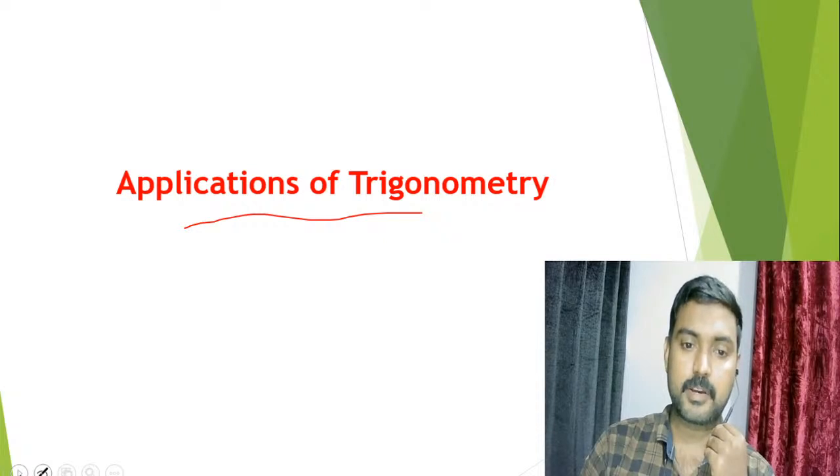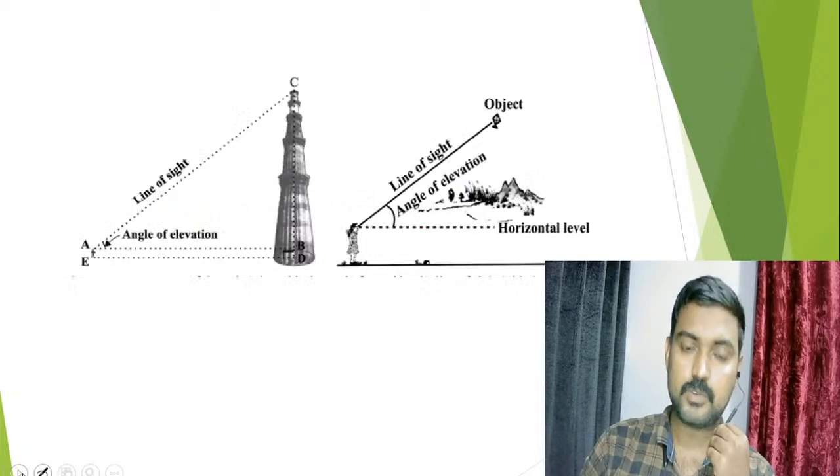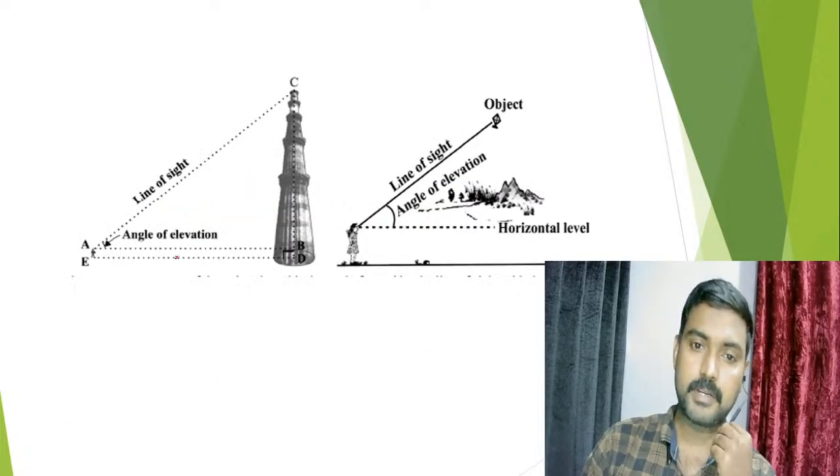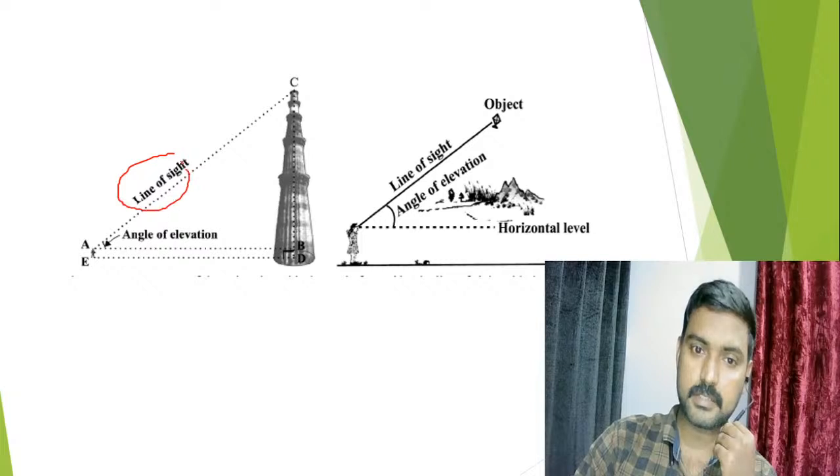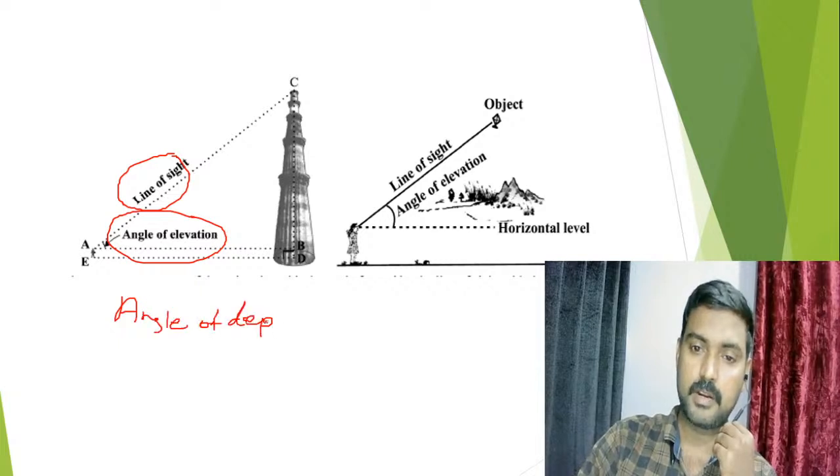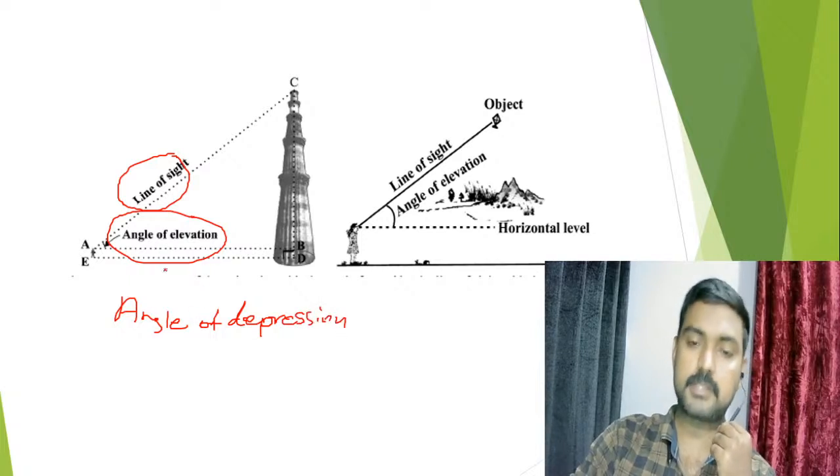Today we are going to apply trigonometry in our day-to-day life applications. So in this topic there will be three words you should know: one is line of sight, another is angle of elevation, and another is angle of depression. These three words always come in this chapter.